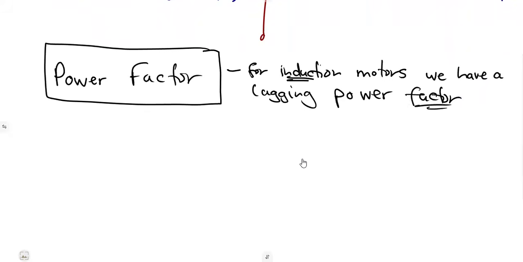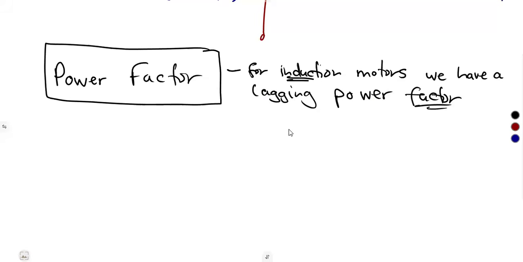But for these ones, as we are dealing with induction, guys, from our Industrial Electronics N3, we have a lagging power factor. So in your calculations, as you are dealing with 3-phase, we're going to talk of a lagging power factor.